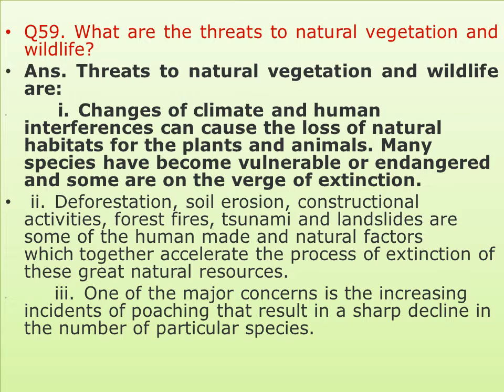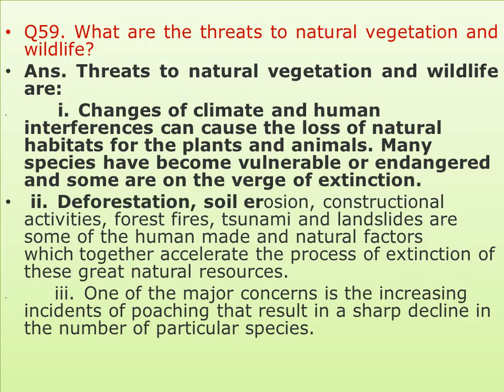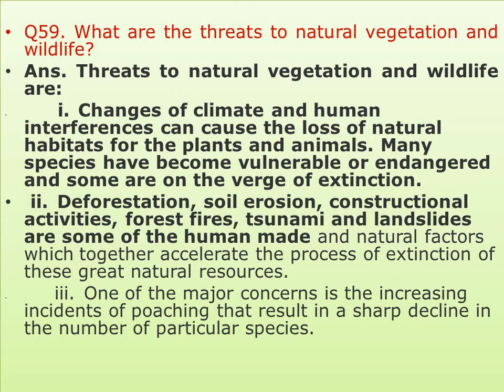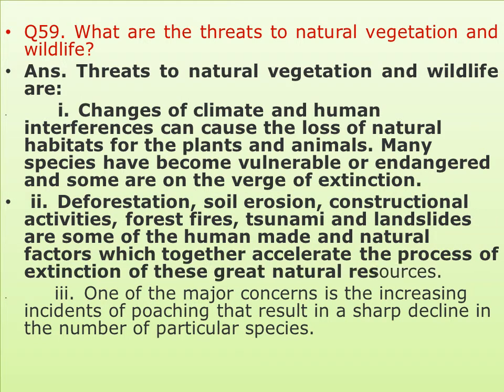Many species have become vulnerable or endangered, or some are on the verge of extinction. Number two, deforestation, soil erosion, constructional activities, forest fires, tsunamis, and landslides are some of the human-made and natural factors which together accelerate the process of extinction of these great natural resources.